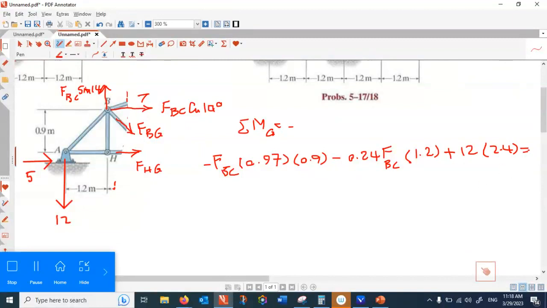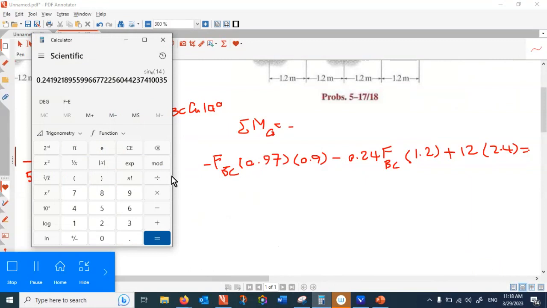So let's solve this one. 0.24 times 1.2 plus 0.97 times 0.9.